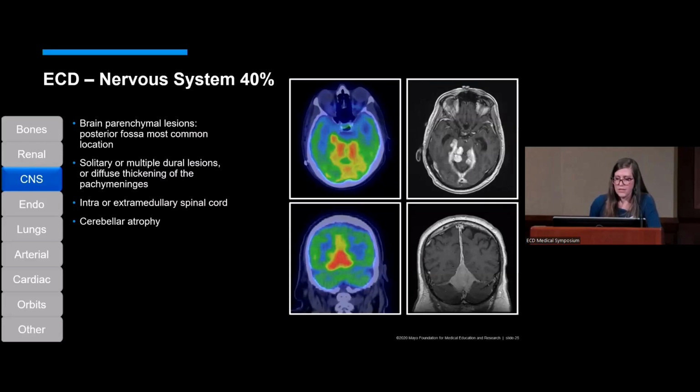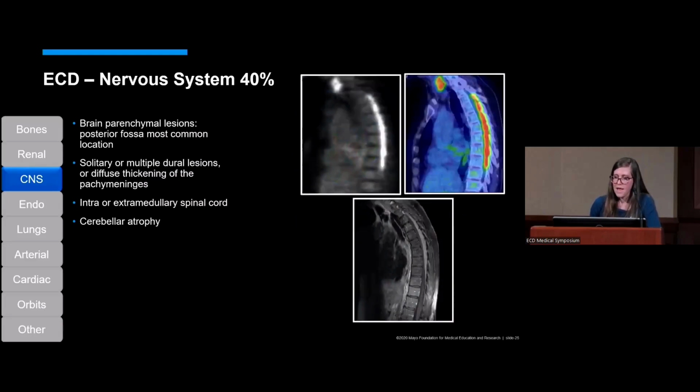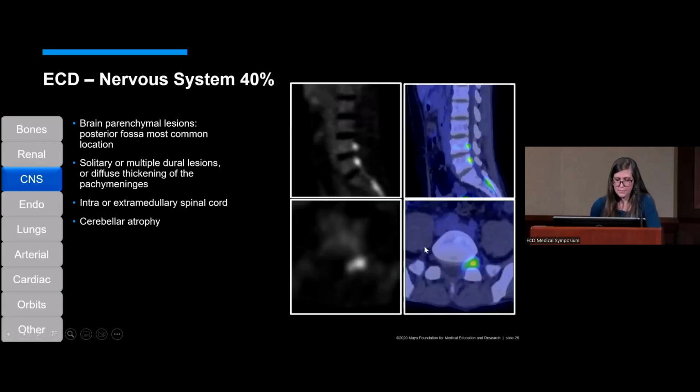In these images on the right here, you see intensely FDG avid dural masses and some thickening. And then here are some images of intensely FDG avid spinal disease corresponding to this enhancing epidural spinal mass that you see here. Nerve root involvement we often see on PET CT as well. As you can see, these mildly FDG avid lesions by the lumbar nerve roots.